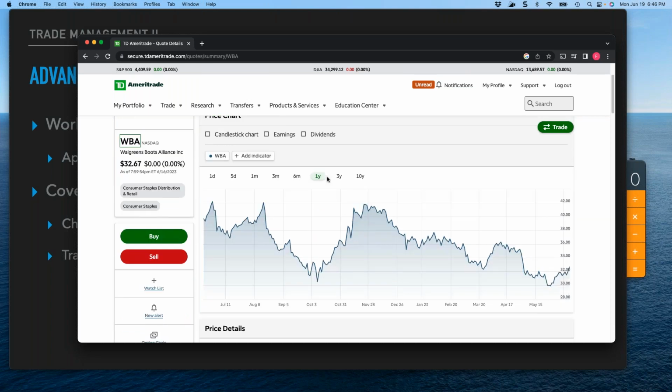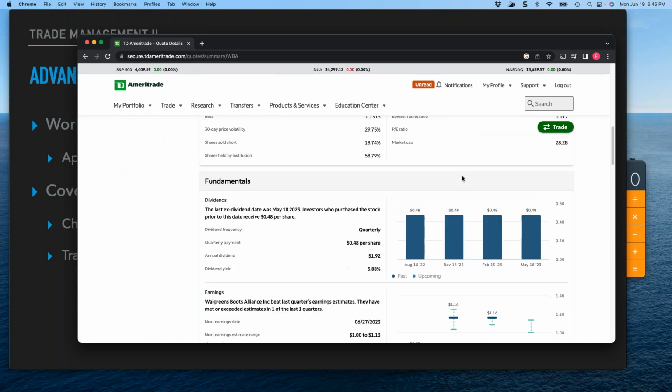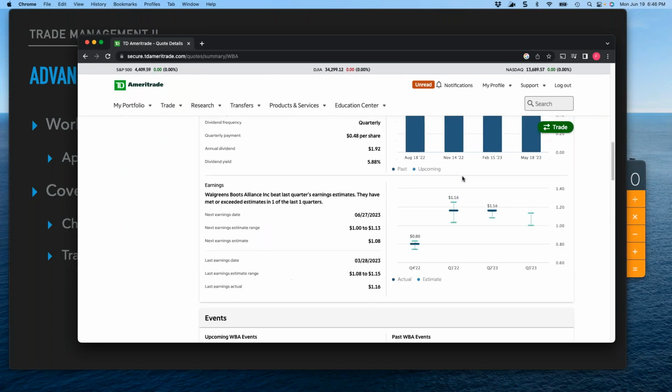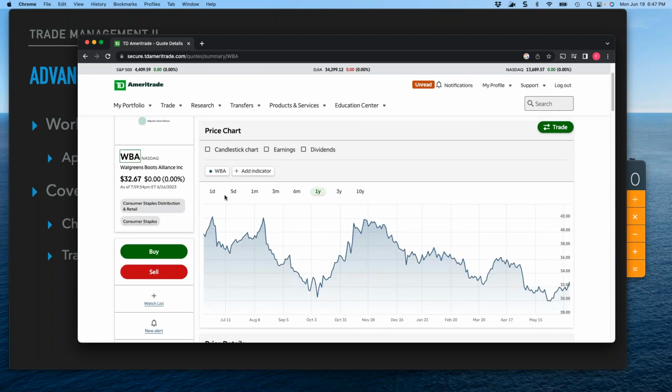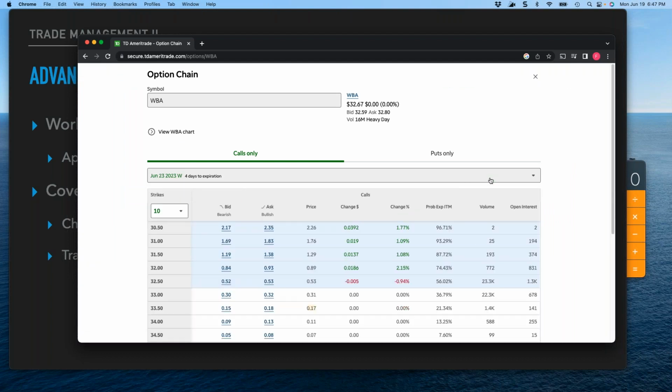Here's Walgreens Boots Alliance. Pull up the option chain.